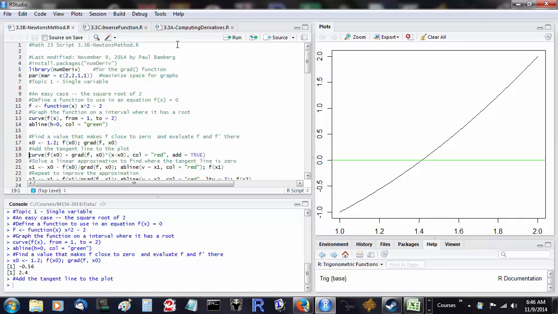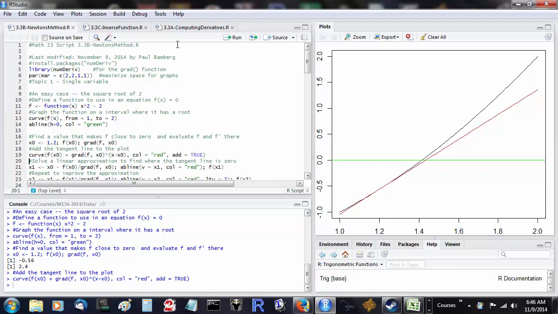So here is a graph in red of the tangent line. That red line is tangent to the curve at 1.2, which means that the slope of the tangent line is equal to the derivative that we calculated at x0, the value 1.2.